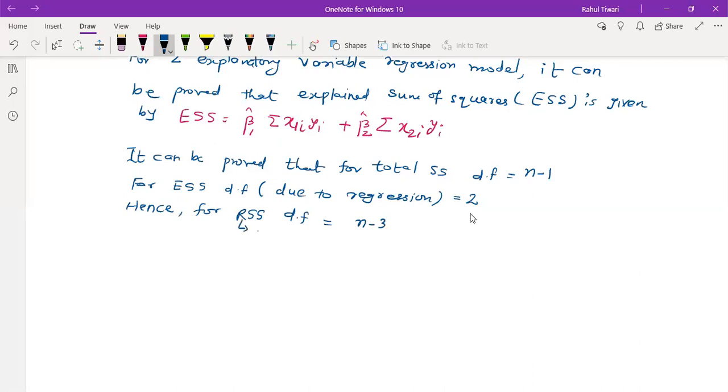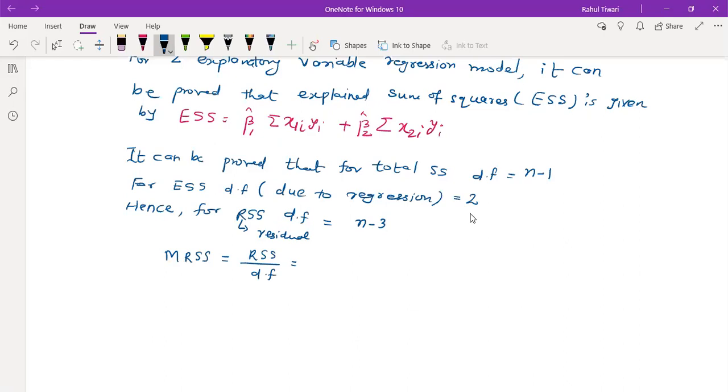Therefore, MRSS. What is MRSS? Mean residual sum of squares, which is equal to residual sum of squares upon degrees of freedom.